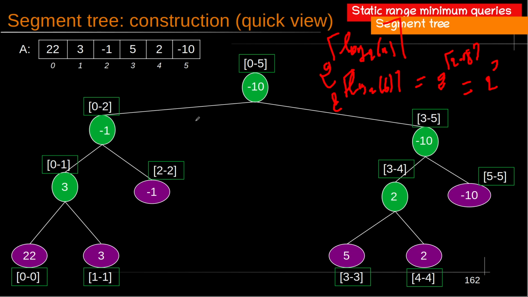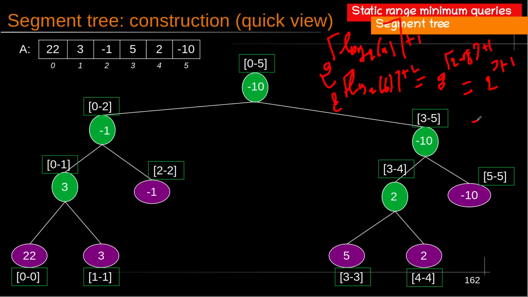But the formula here, as you see, is 2 power 3 plus 1. So plus 1 here. As we have seen, the height is equal to the ceiling of log base 2 of n plus 1.